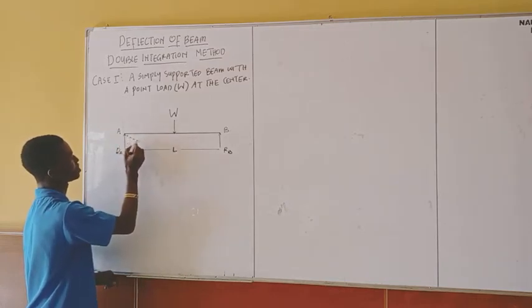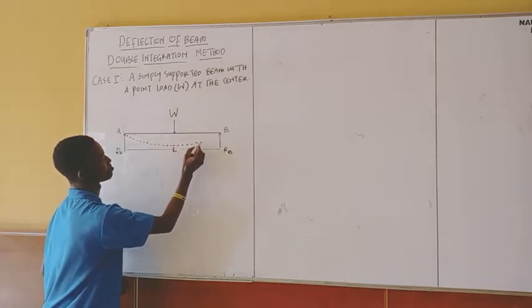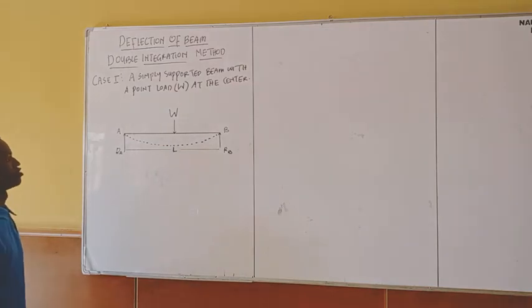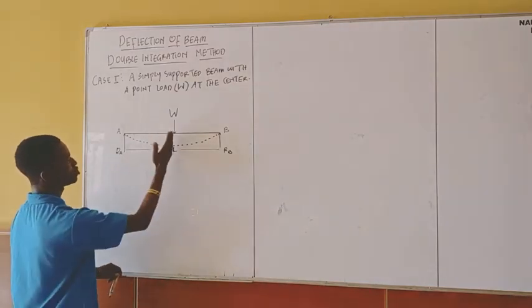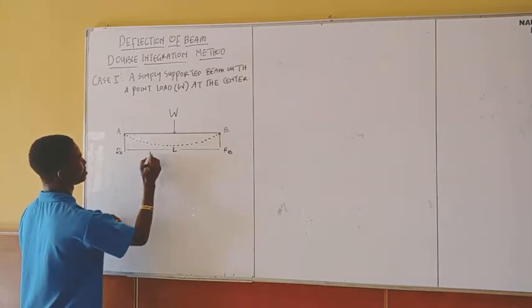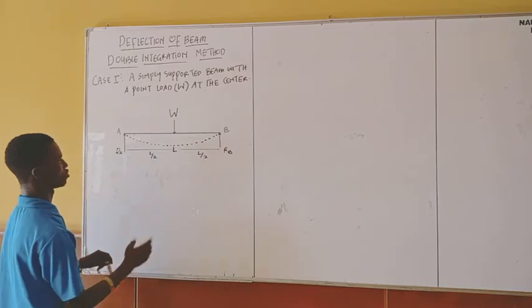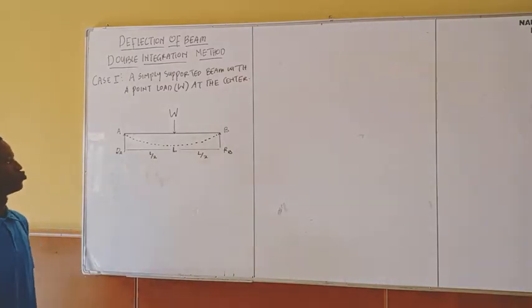So this is how we are going to have deflection of this beam. The load is acting at the center, so this place is length over 2 and this place is length over 2, dividing the distance into 2 equal parts.